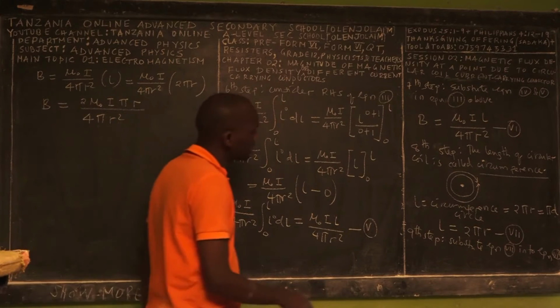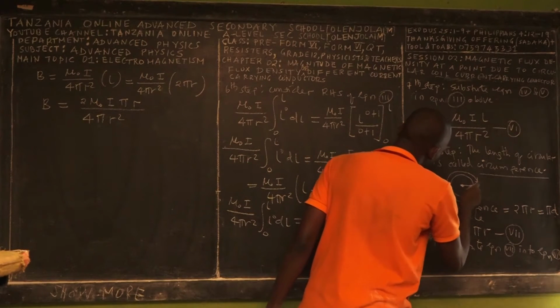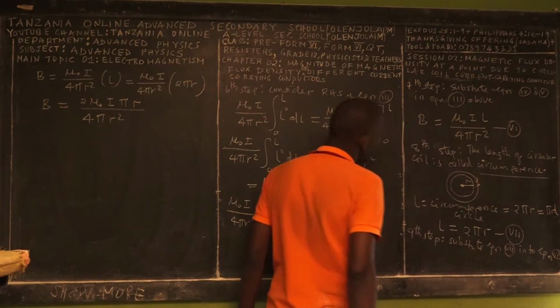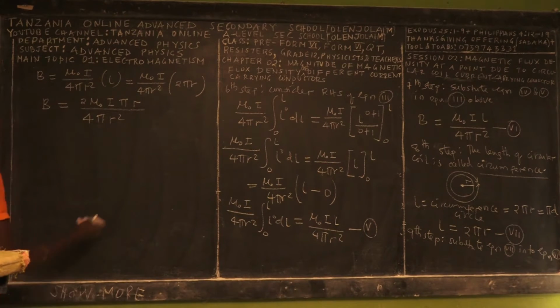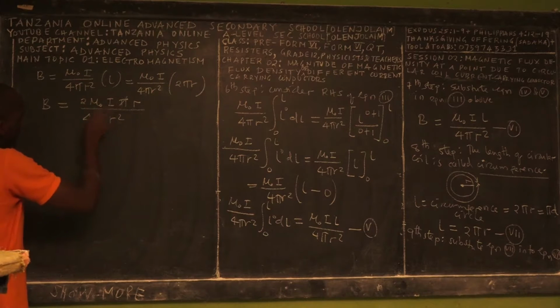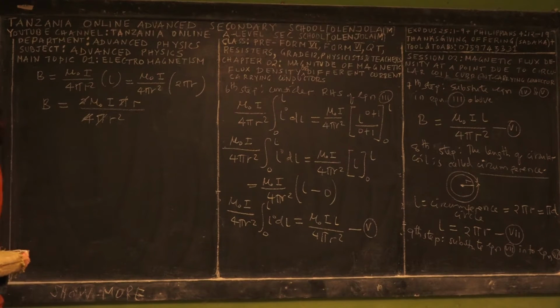Because this is the radius of the circle, which is the distance from the point to the circular coil. So you can simplify here by pi and pi, you can simplify by 2, and then divide by r, both numerator and denominator. Here will remain 1, here will remain R.